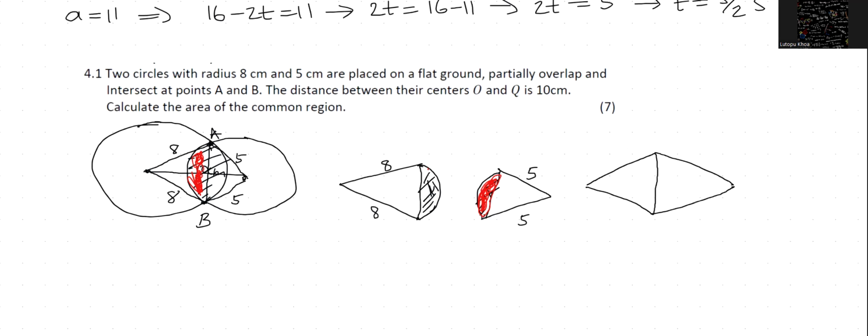So we have this distance there is 10, so from there to there, that is 10 centimeters. This is 8, this is 8, and that all together is 10. So this is obviously 90 degrees. This is 5, and this is 5.